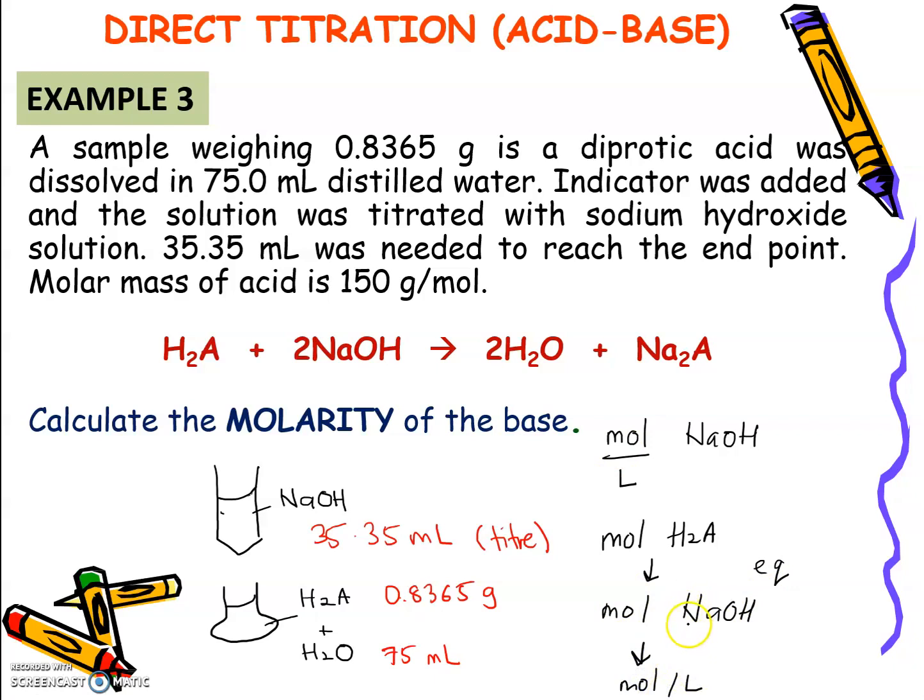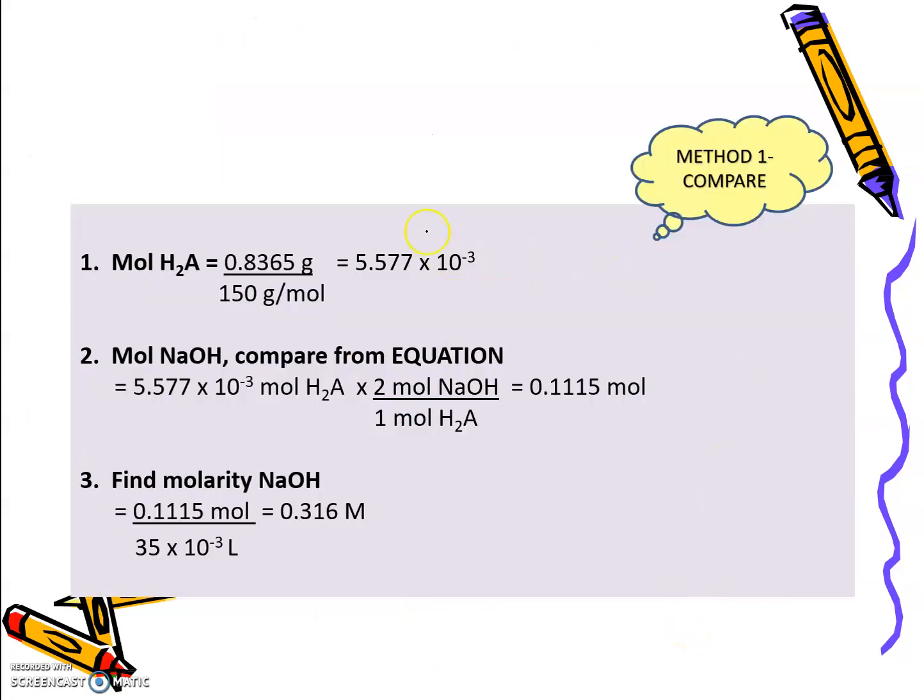Okay, so we go to the solution for method 1. Okay, so first find the mole of diprotic acid from the statement. Okay, given mass. Molar mass is also given in the statement. So you can find mole of diprotic acid here. So to find mole of sodium hydroxide reacted, we can compare from the equation.